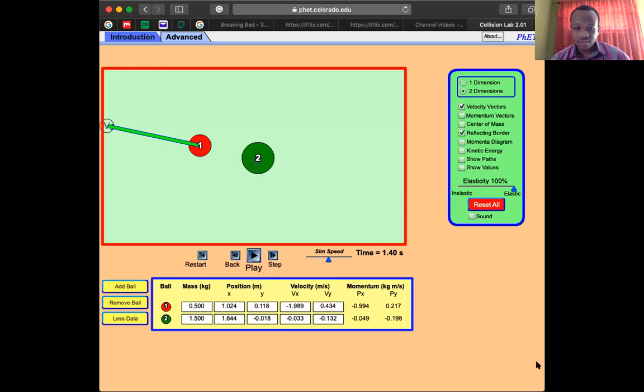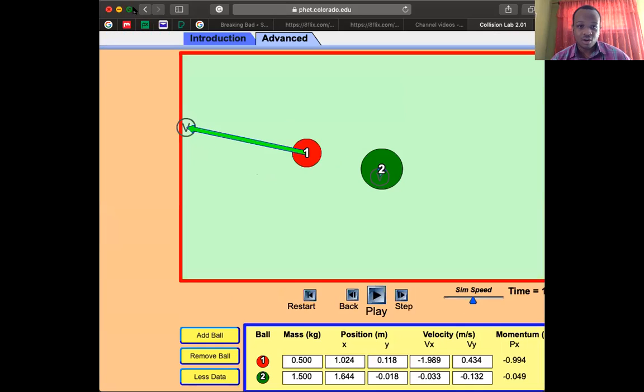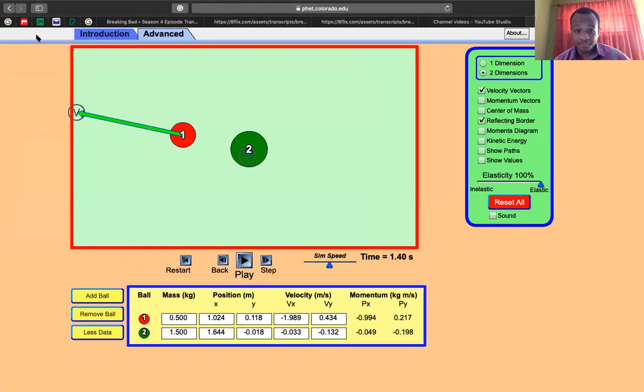You're just required to know that the momentum is conserved for all the objects involved.